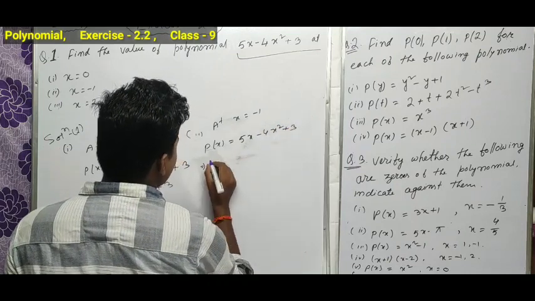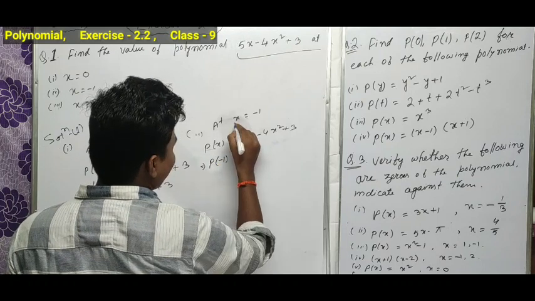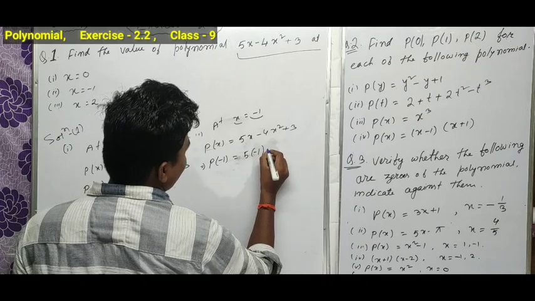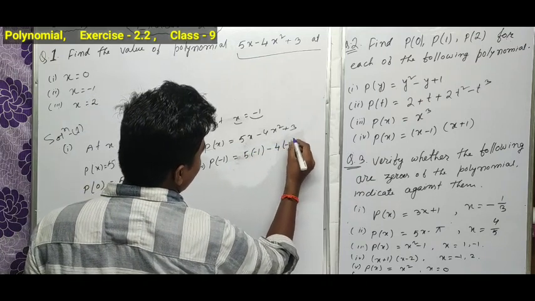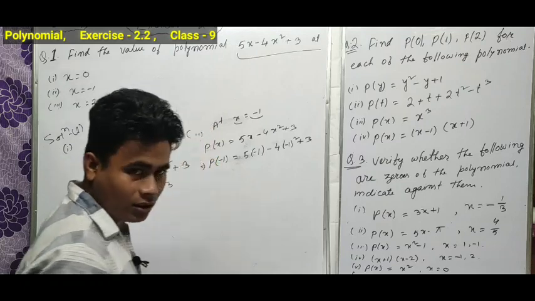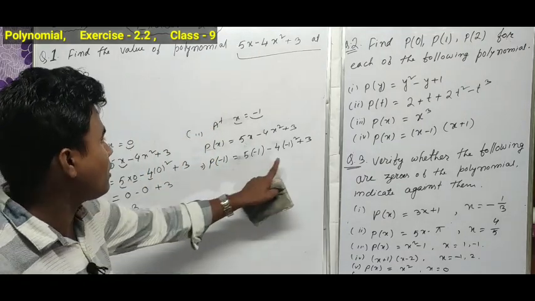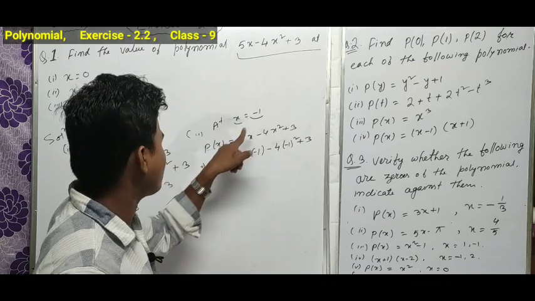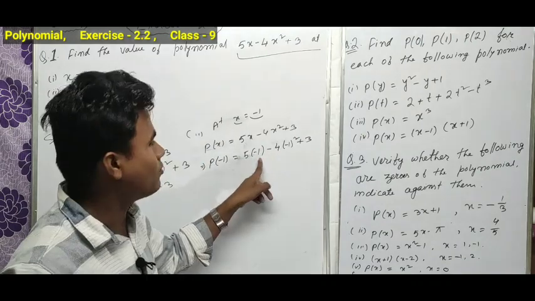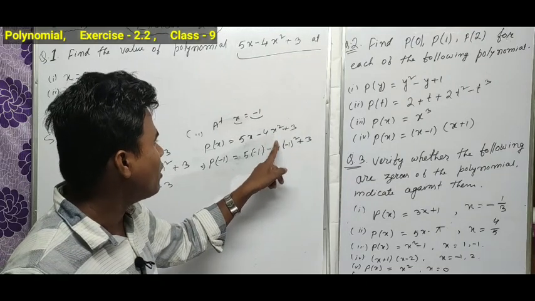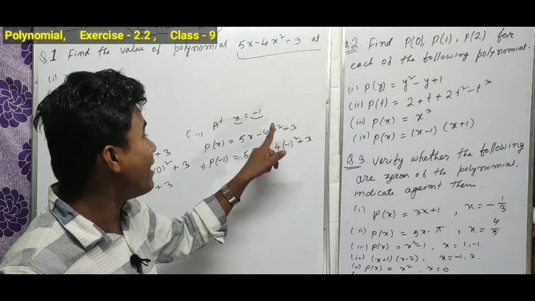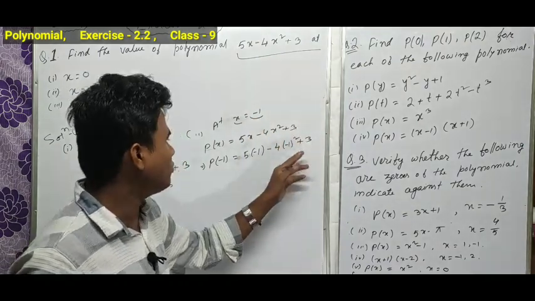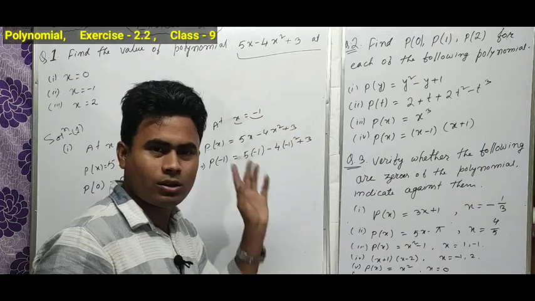We put minus 1 in place of x: 5 into minus 1 minus 4 into minus 1 square plus 3. Did you understand this line? Very simple. There is x, so we just put the value of x. Minus 4 is there, and in x square we write minus 1, and plus 3 is there, so I just put plus 3.